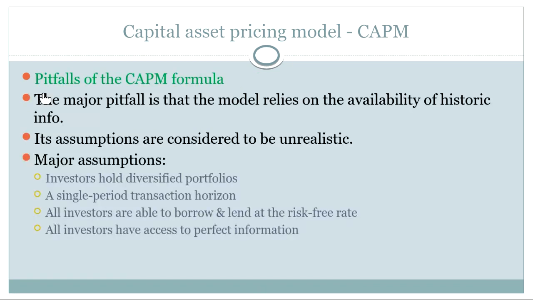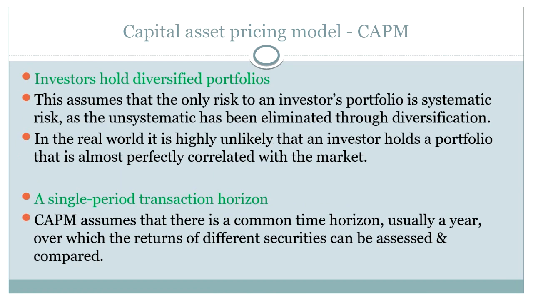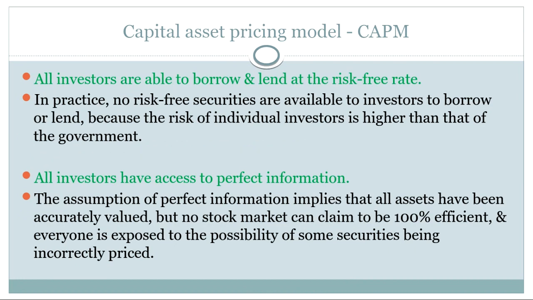Here, the slide discusses the pitfalls, which you can read through in the textbook. And again, this is just another discussion on why investors do hold diversified portfolios, and what they call here the single period transaction horizon, which again is just some theory for you to look at.